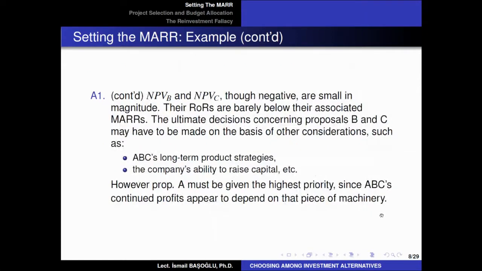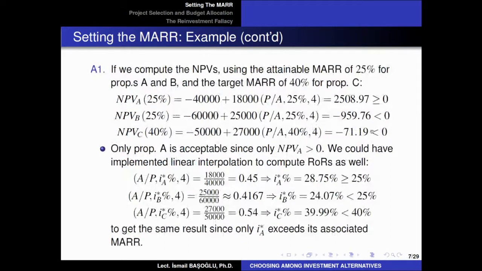Now, the company's ability to raise capital is also important. If the company can find the capital to invest in all of these projects, maybe the company should invest in all of them. However, as we see here, proposal A has a nice rate of return that is greater than 25%, the attainable rate. So investing in this project, which is the replacement of an equipment, is going to further increase the average rate of return of the organization.